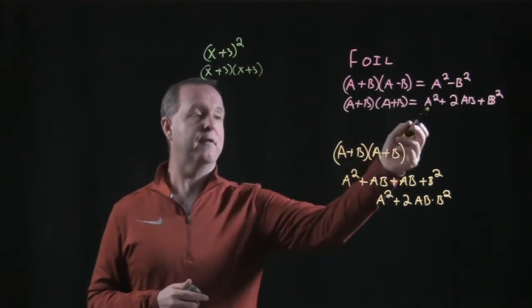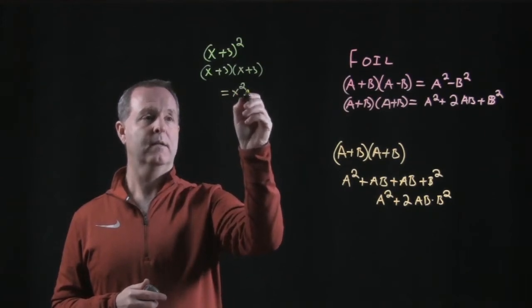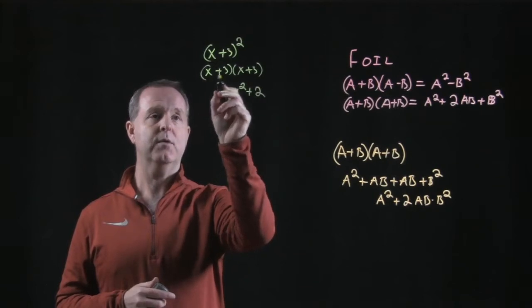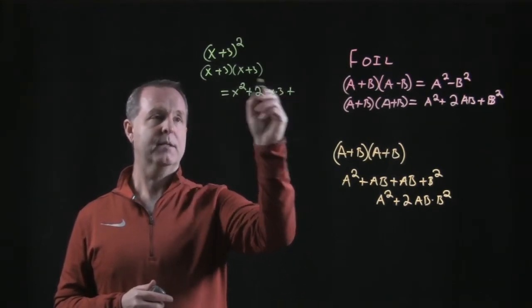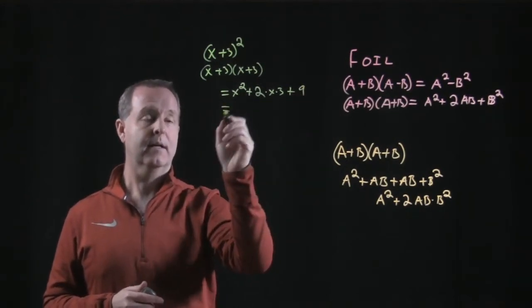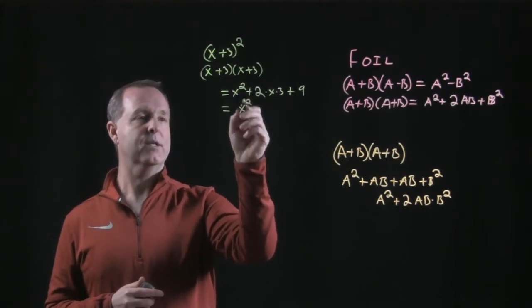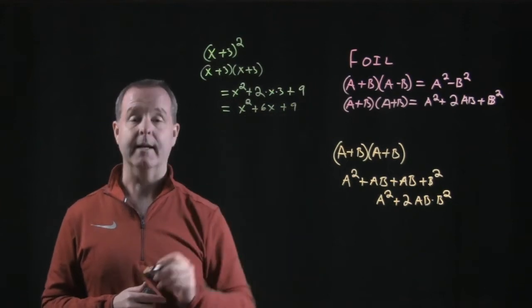So this makes my first term squared, which is an x squared, plus 2 times A and B, which is 2 times x times 3, plus my last term squared, 3 times 3, which is 9. Collect terms, or simplify: x squared plus 6x plus 9.